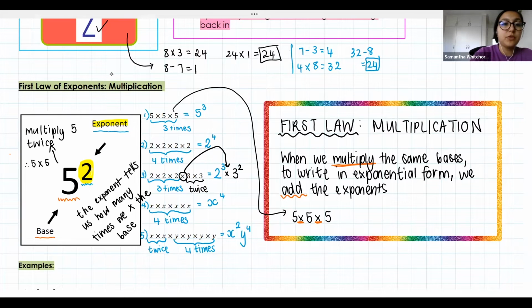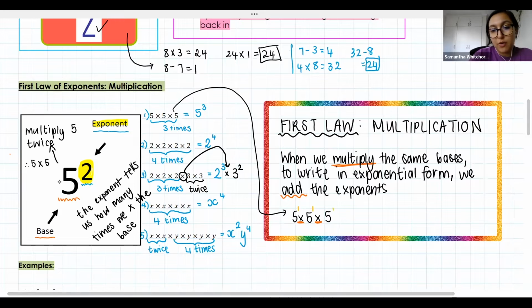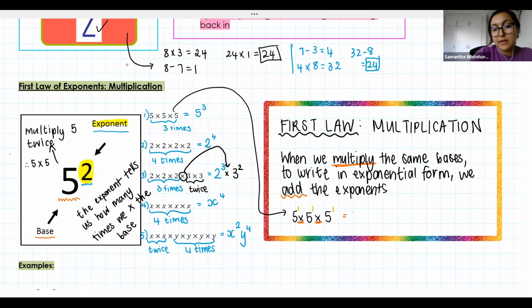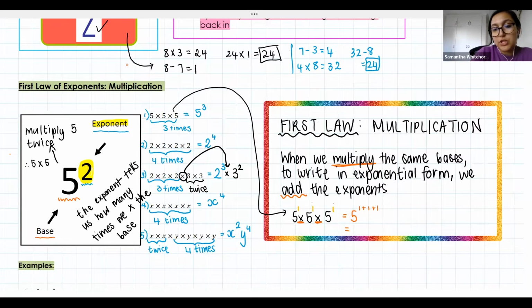Now, it's very important for us to remember that any number, if I don't have an exponent written with it, does have an exponent of 1. And so this law is telling me that if I want to simplify this, I would now say 5 to the power of, and I would add these exponents here. So 1 plus 1 plus 1, which gives me 5 to the power 3.